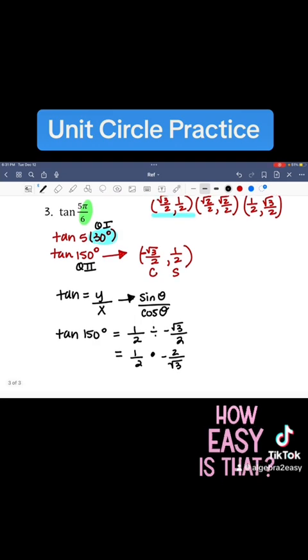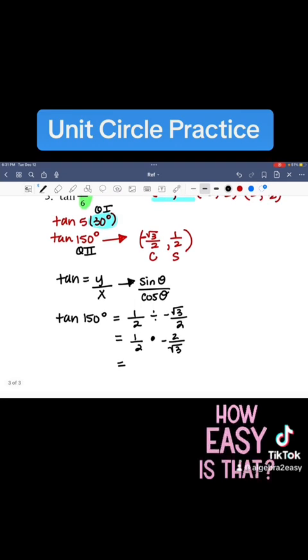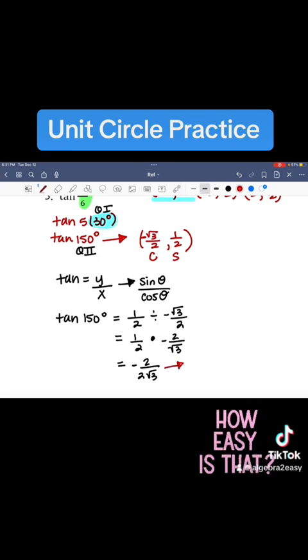If we go ahead and solve that, you're going to say 1 times 2, which is 2. Make that negative stay in front because a positive times a negative is a negative. And then 2 times radical 3 is 2 radical 3. You need to simplify. First, those 2's cancel. So it's going to be negative 1 over radical 3.